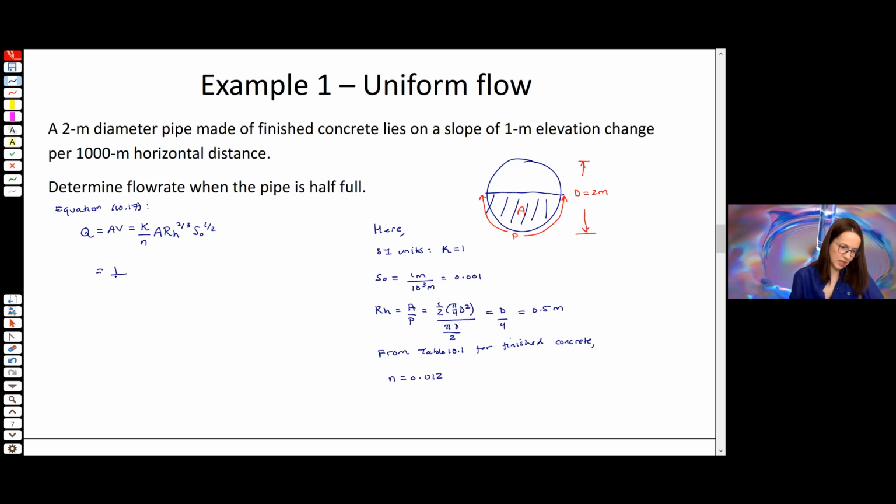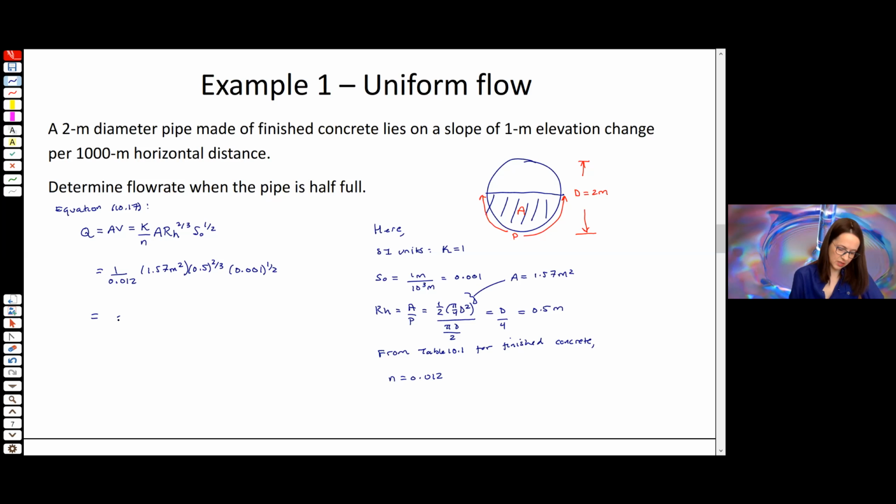So we've got 0.012 times 1.57 meters squared. Sorry, that's the area, by the way. So if you write out what this is, it is 1.57 meters squared, if you calculate that out, times d over 4 to the 2/3, times our bottom slope, S naught, to the 1/2 power.